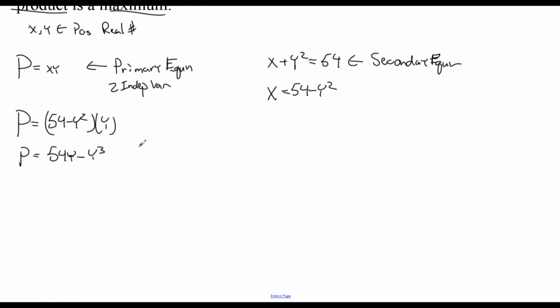This now is a primary equation with one independent variable. All right, so now I can take the derivative of this thing with respect to y and say, all right, dP over dy is equal to 54 minus 3y squared.